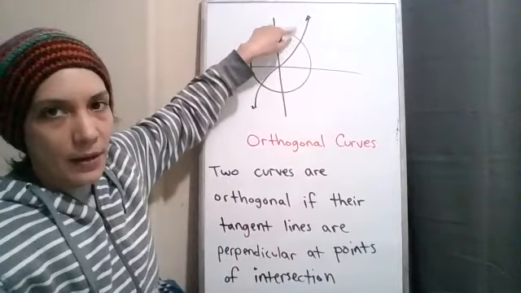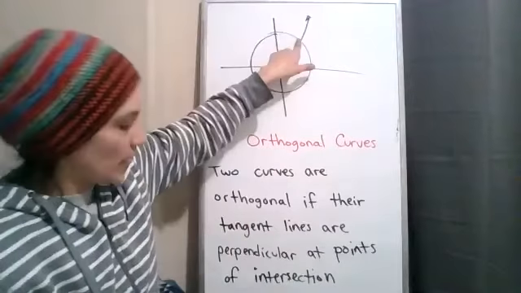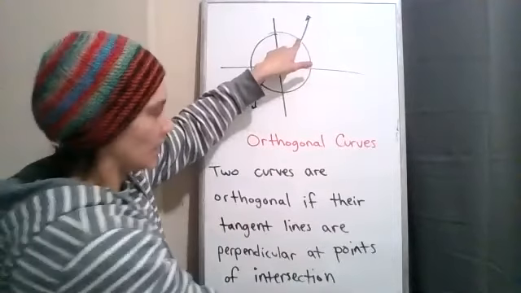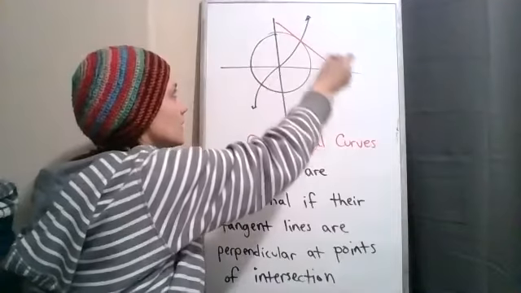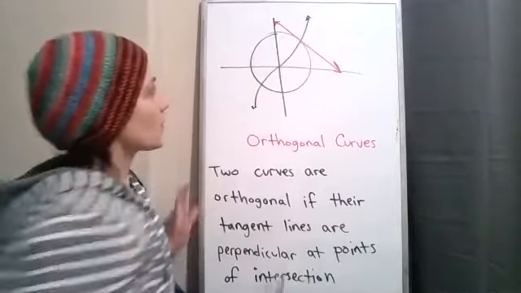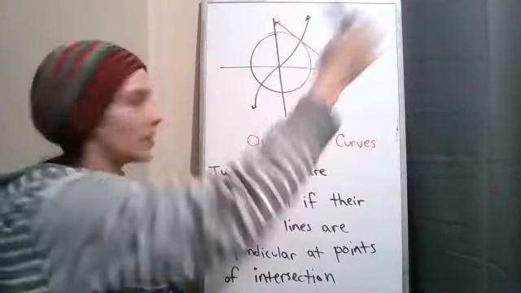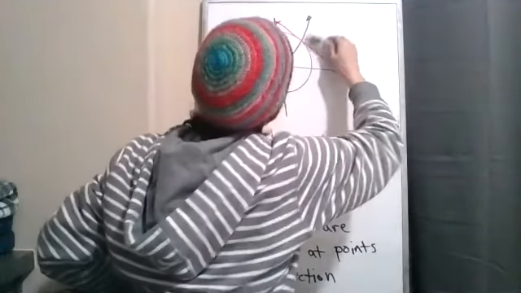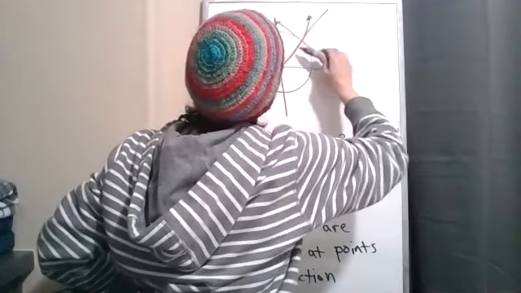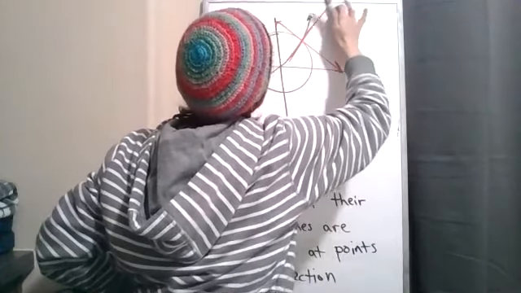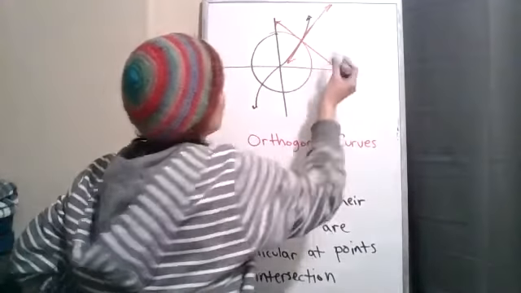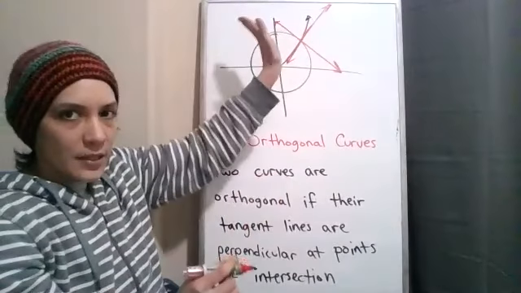And we'll talk about these functions being orthogonal right here and right here. So just for that part right there, we'd have a tangent line to the circle like this. And then a tangent line to y equals x, in this case, let's say y equals x cubed, and along that way. And those tangent lines are perpendicular to each other.